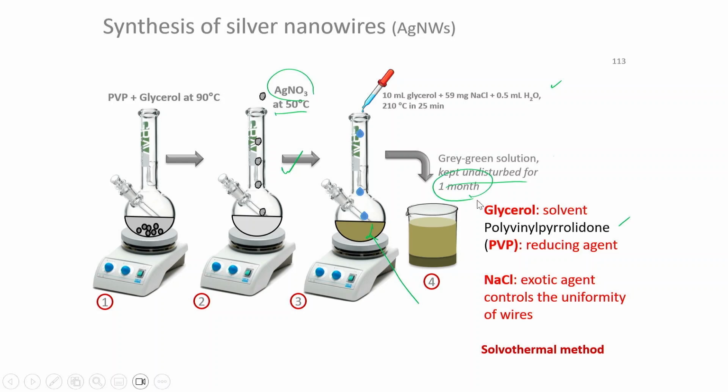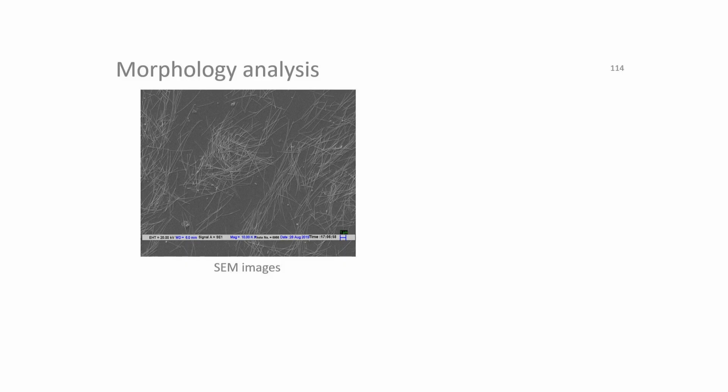So, after 1 month what we have observed? We have observed the formation of nanorods, very fine nanorods were observed. So, we can see this type of nanorods, that is silver nanorods, pure silver nanorods were formed.